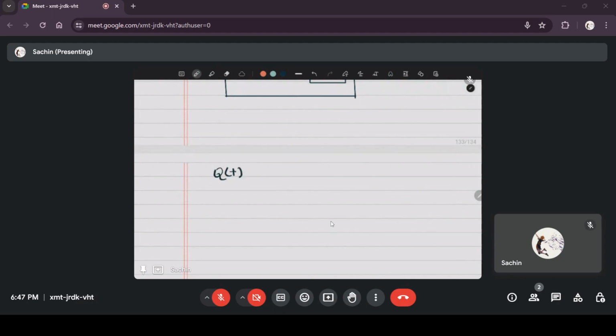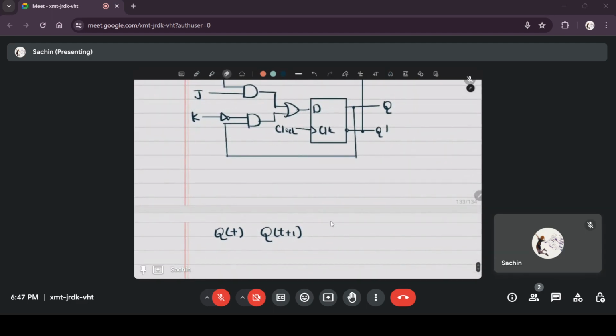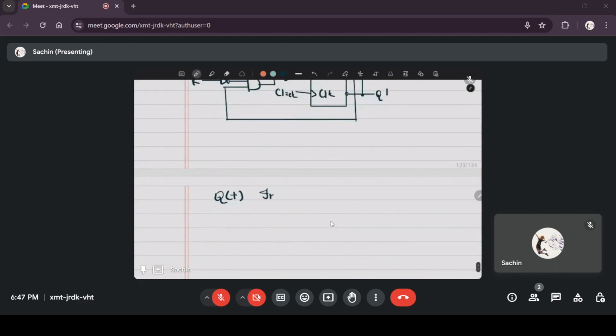We have Q of t, Q of t plus 1, inputs JK, Q of t plus 1.